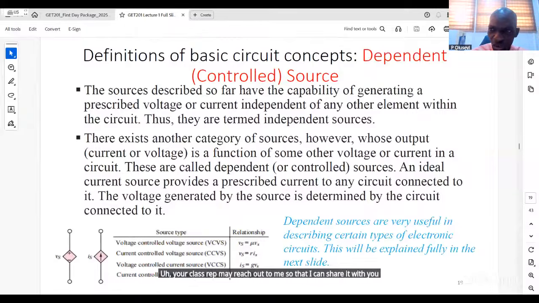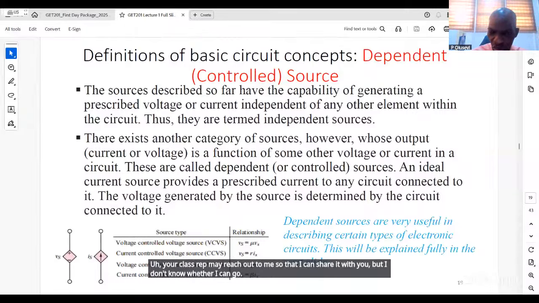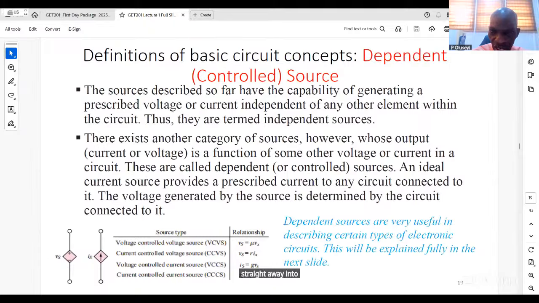I don't know whether I can go straight into this platform, but maybe next lecture I will try to experiment on it. One way or the other, I know you can do better work than me when it comes to getting this material. So you can go ahead and get the material online. But if you can't download it, then get back to me.